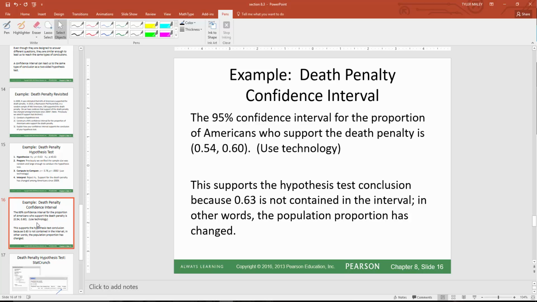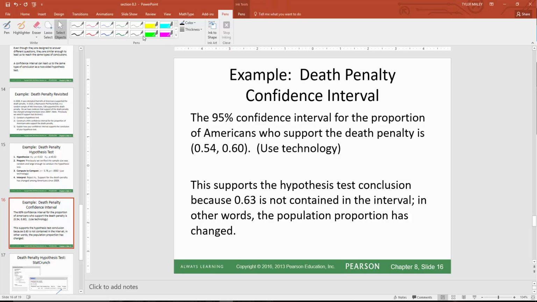This would support the same conclusion, because what we're trying to see is if 0.63 would be in here, and 0.63 is not within my 95% confidence interval, so it would seem unusual. Since it's not in there, we would suggest that the population proportion has changed.